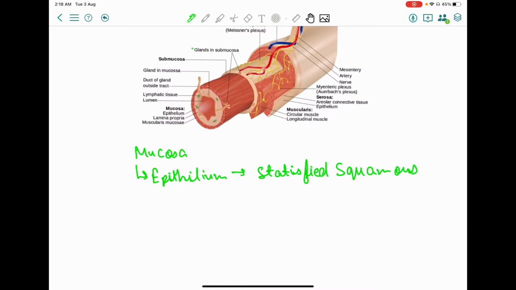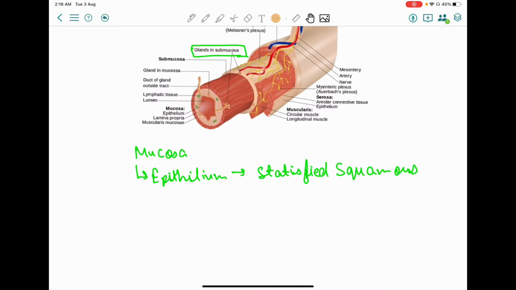Earlier I told you that glands are present in the mucosa, but here you can see they are in the submucosa also. This is an exception. Only in the esophagus are glands present in the submucosa; otherwise they are present in the mucosa.